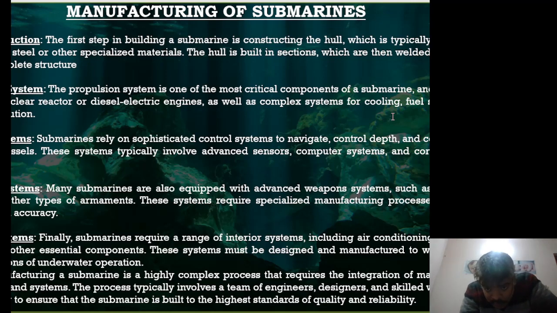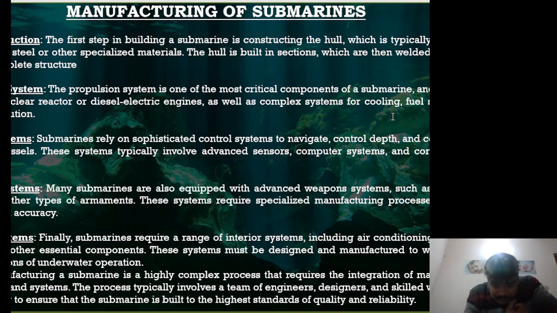These systems require specialized manufacturing processes to ensure reliability and accuracy. Interior system. Finally, submarines require a range of interior systems including air conditioning, plumbing, lighting, and other essential components. These systems must be designed and manufactured to withstand the harsh conditions of underwater operation.